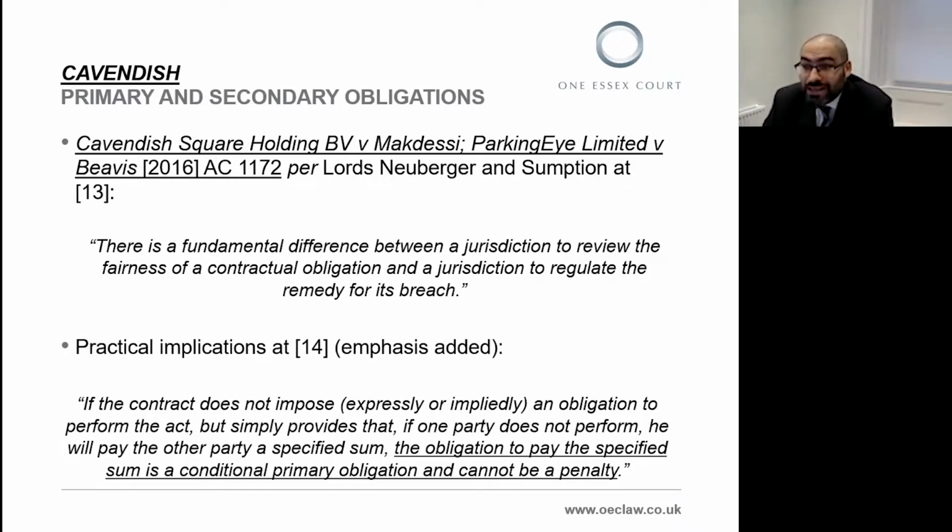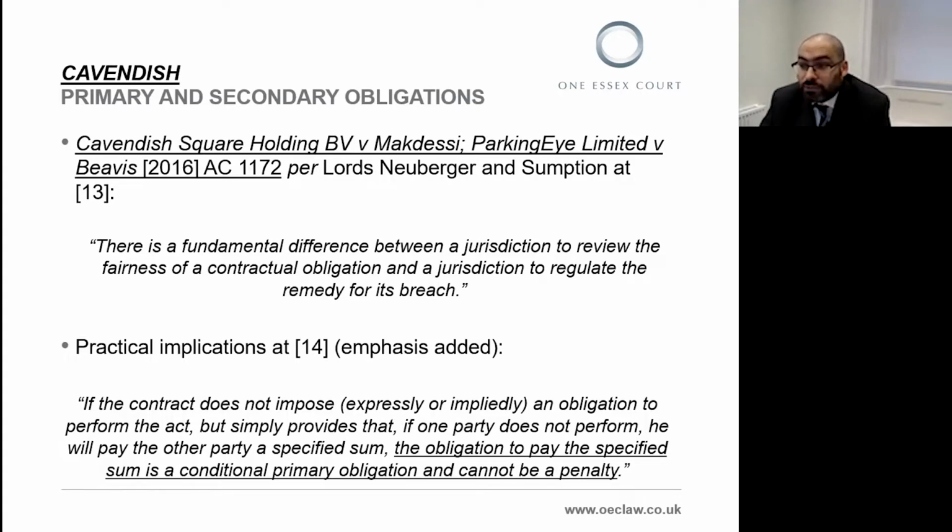At paragraph 14, their lordships said this: "Where a contract contains an obligation on one party to perform an act, and also provides that if he does not perform it, he will pay the other party a specified sum of money, the obligation to pay the specified sum is a secondary obligation which is capable of being a penalty.